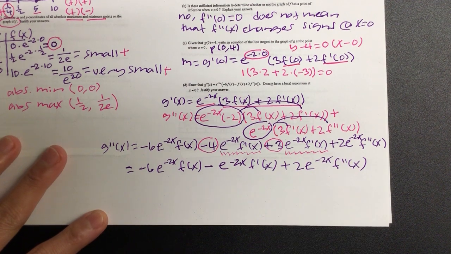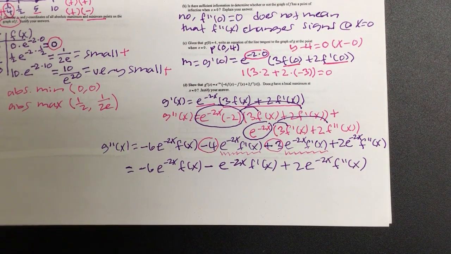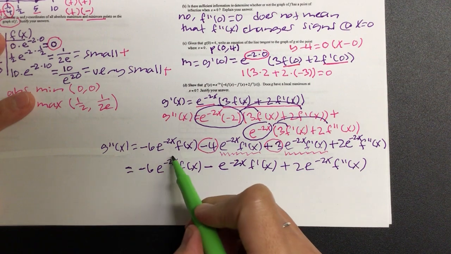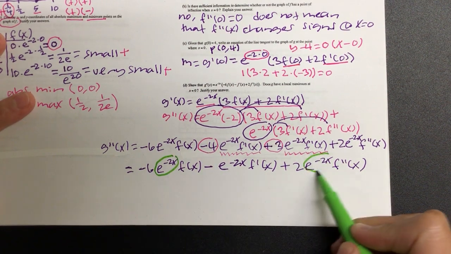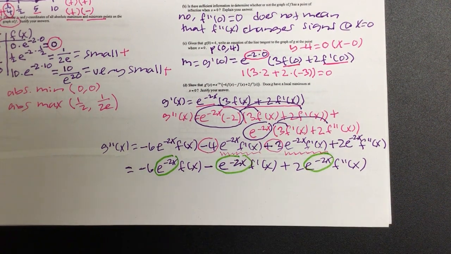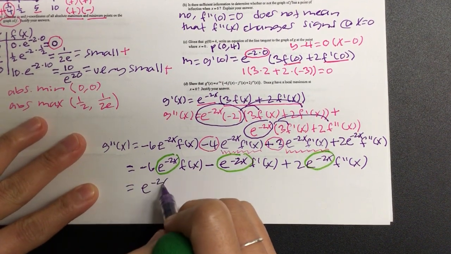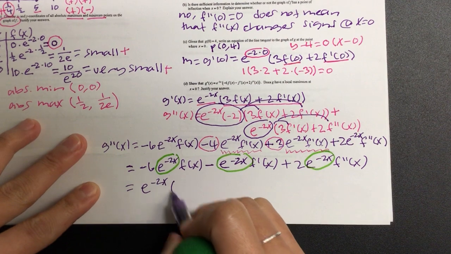Now when we look at this, let's see what is common all the way through. What can I factor out from the 3 components right here? Good, they all have e to the negative 2x. So let's pull that one out, and put everything back.